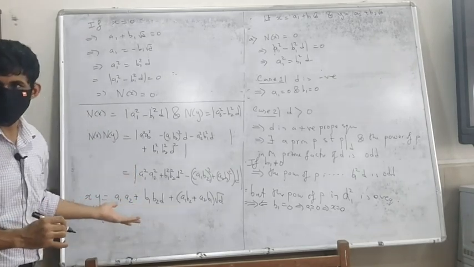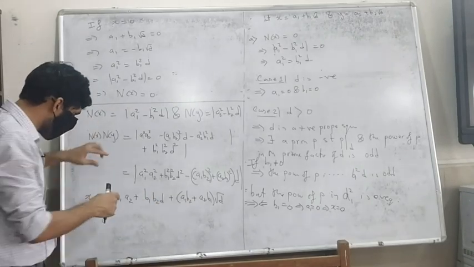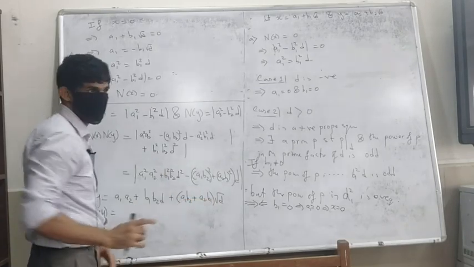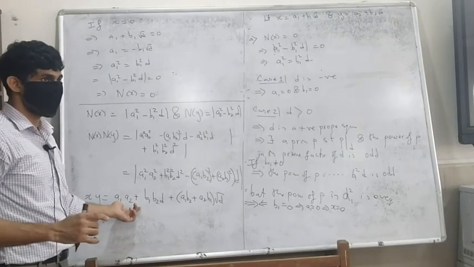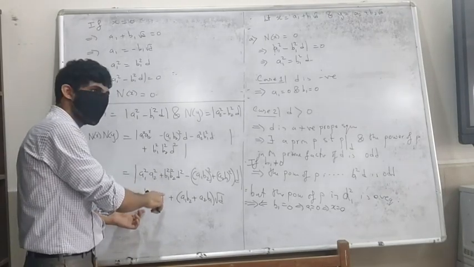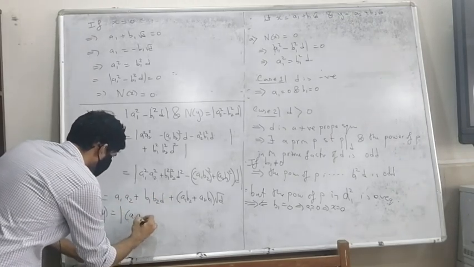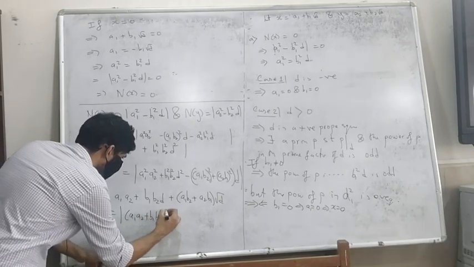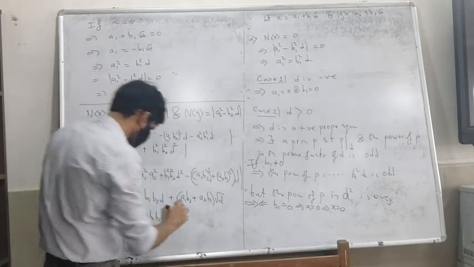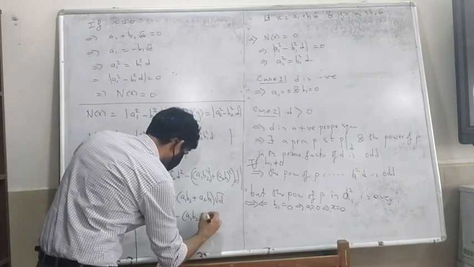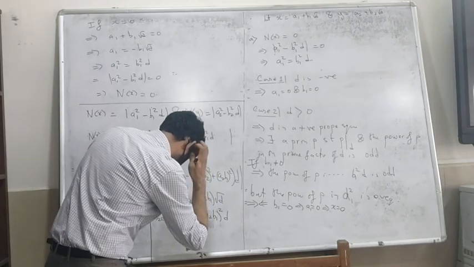You can try and see, it's not that difficult. You would have to take the square of this. One thing which you have to observe here is that this middle term is going to go away, right? So what n of this is going to give is the modulus of a1 a2 plus b1 b2 d the whole square, minus a1 b2 plus a2 b1 square d, correct?